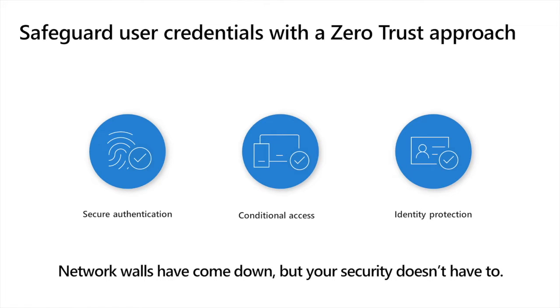And they've essentially said it's 3 parts. You can see in this slide, we've got secure authentication, conditional access, and identity protection. So multi-factor authentication and passwordless authentication are being provided through that secure authentication mechanism.